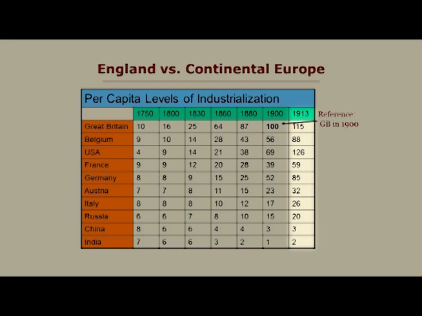France has maintained some manufacturing, but it is certainly not as strong as, say, Germany. Austria, Italy, and Russia are just simply moderate in theirs, and China and India have yet to catch up. England began to stagnate.